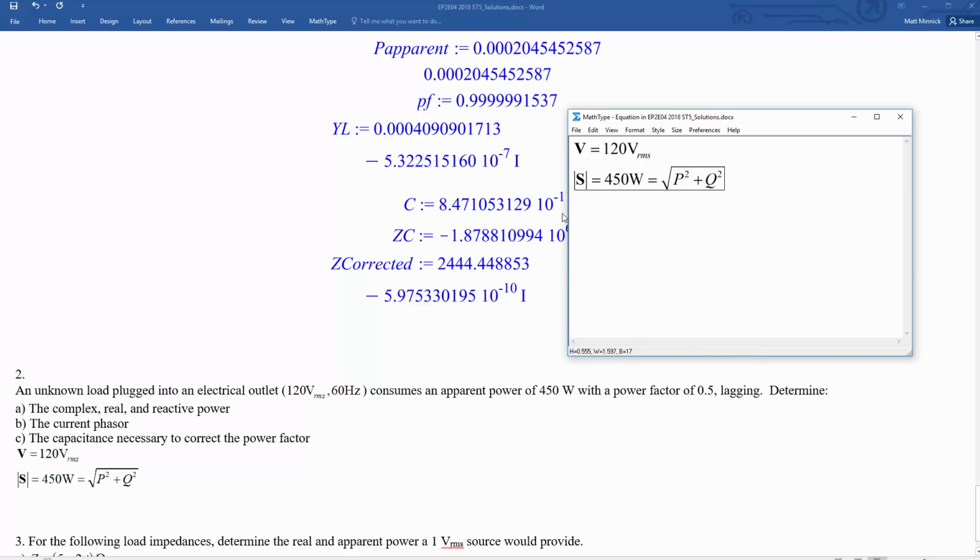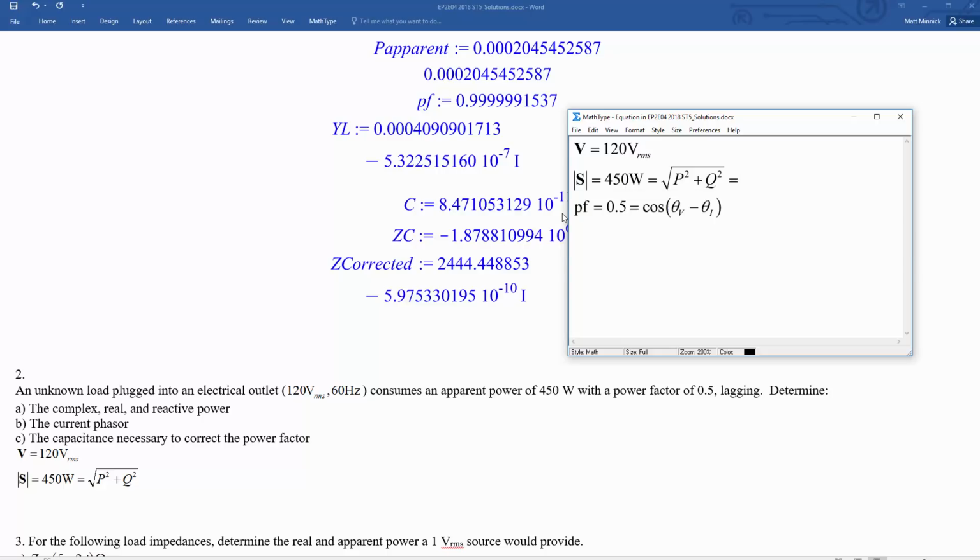Another thing that we could say is that we have the power factor there. So the power factor is equal to 0.5, which is the cos of theta v minus theta I. And if we're defining theta v, the phase of the voltage, to be 0, then this is telling us what the phase of the current is.